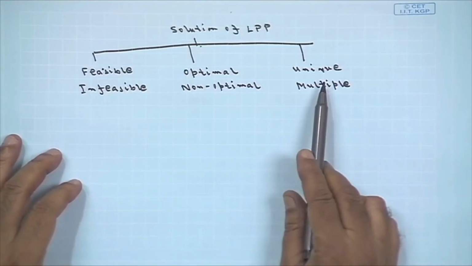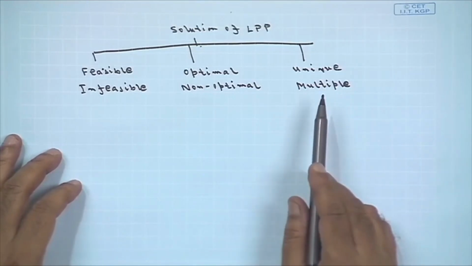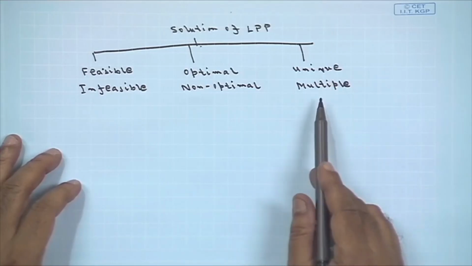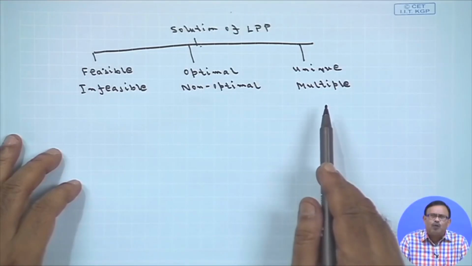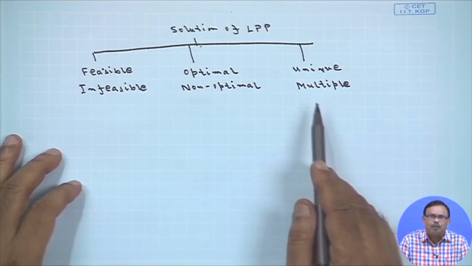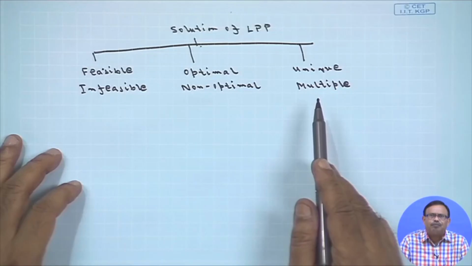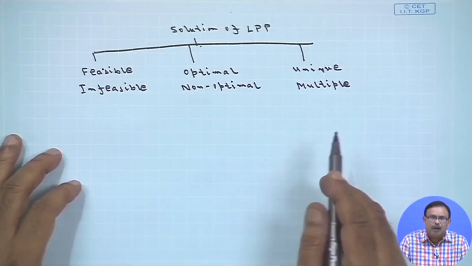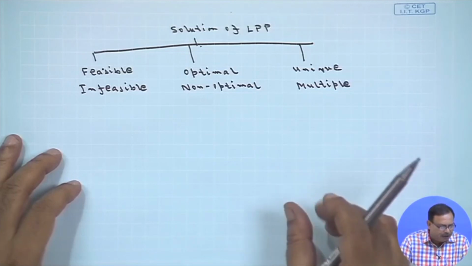Whereas if we obtain more than one optimum solution, then we have multiple solutions. Whenever we go through the graphical solution of LPP, we will discuss these things again.